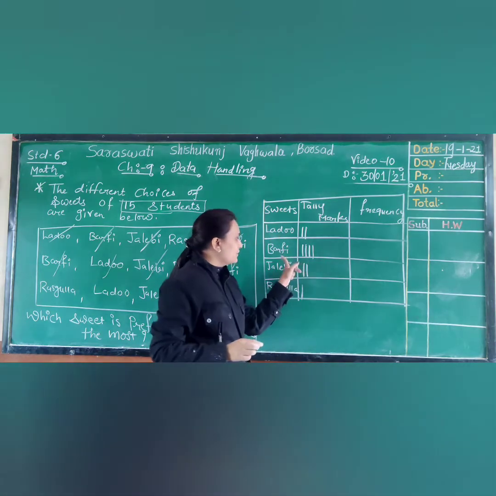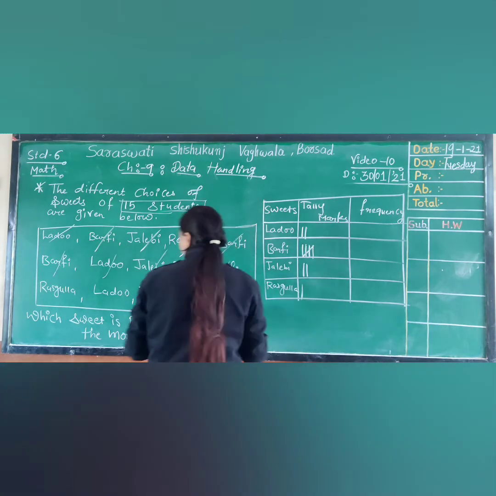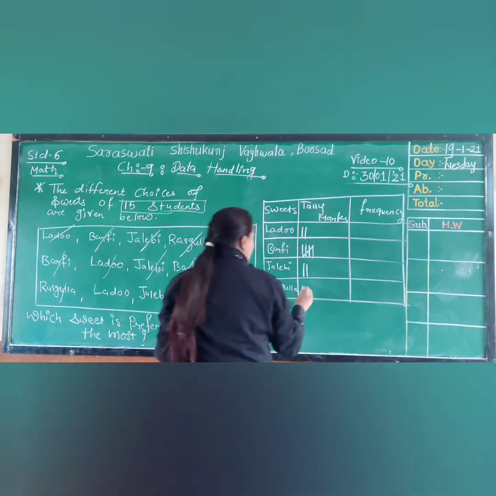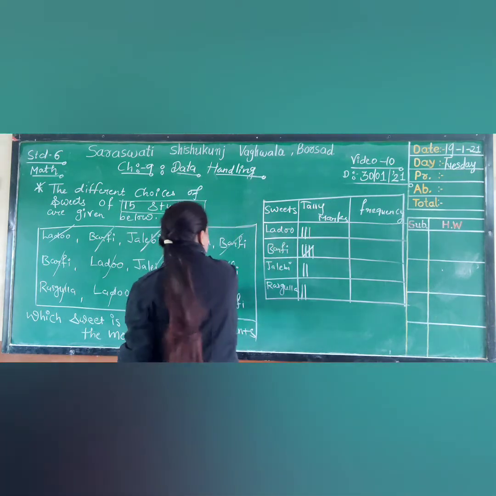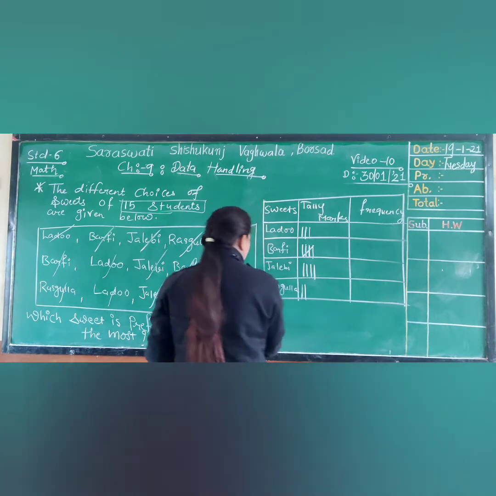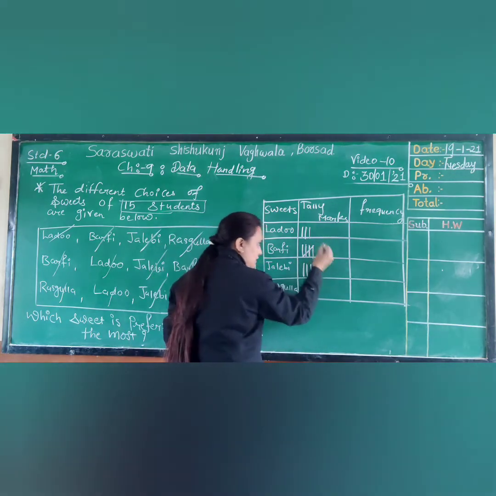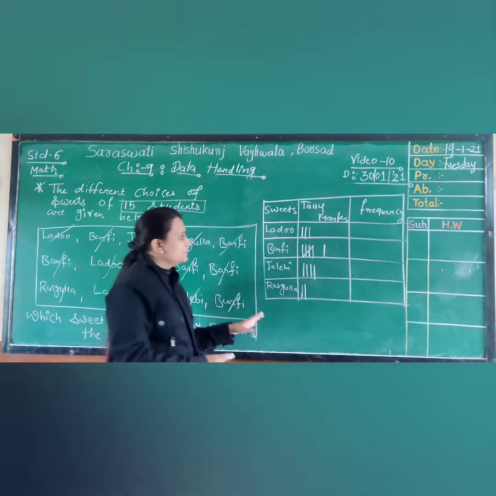So you can see barfi already occurs 4 times, so it is the 5th time, so we are using the slanted line. Then it is rasgulla, then laddu, then jalebi, then again jalebi, and last is barfi. Now let us count the frequency from the data.